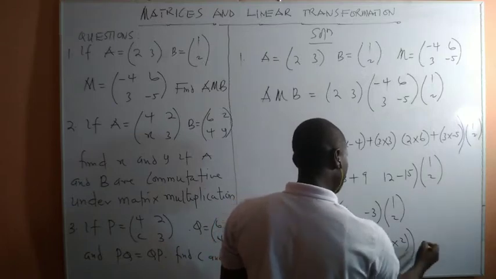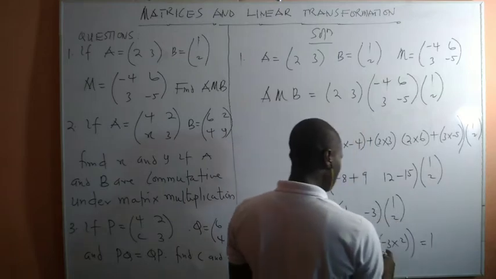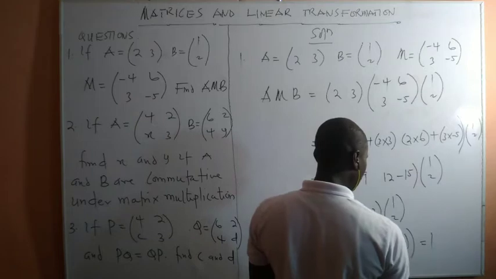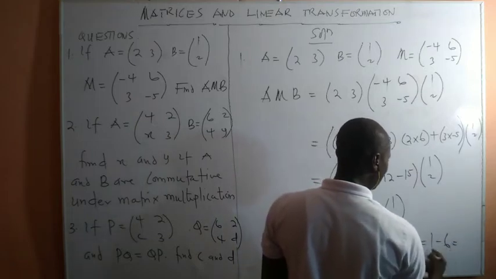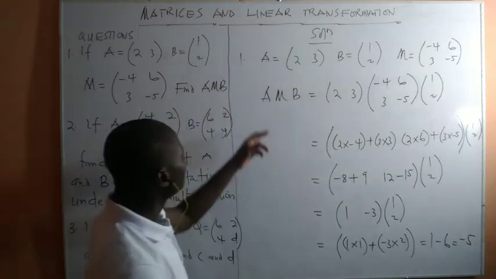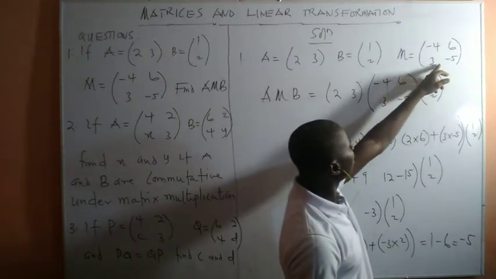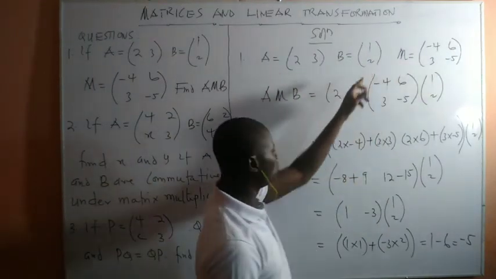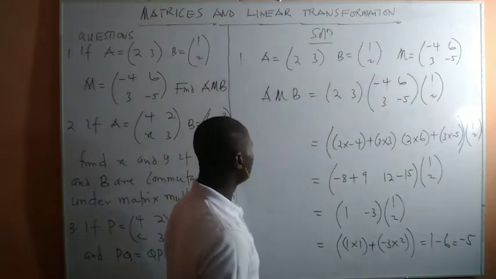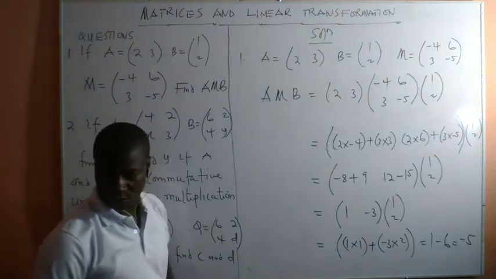Don't forget that 1 times 1 is 1, and minus 3 times 2 will give us minus 6. The answer will be 1 minus 6, which gives us minus 5. And so when we multiply the row matrix A by the 2 by 2 matrix M by the column matrix [1, 2], the result is minus 5. So take note, this is how we solve question 1.